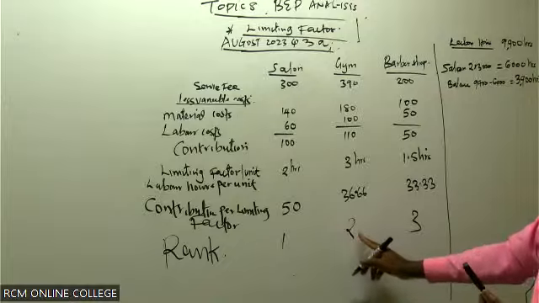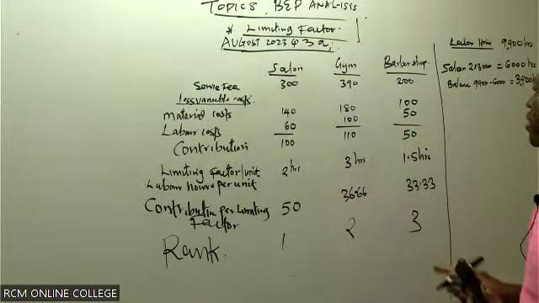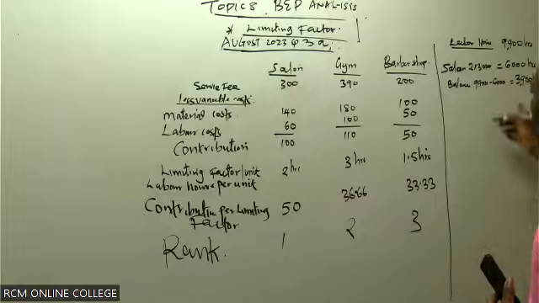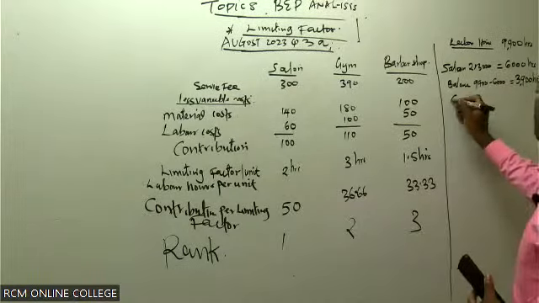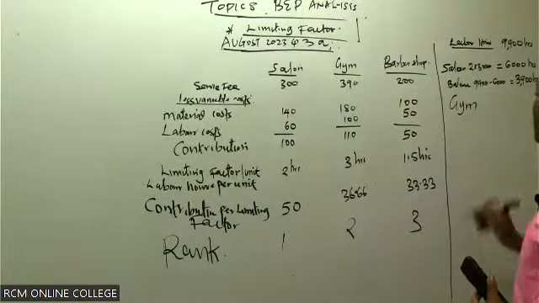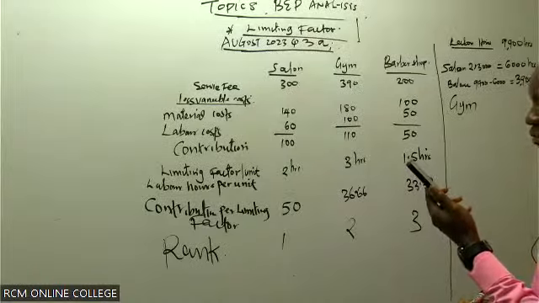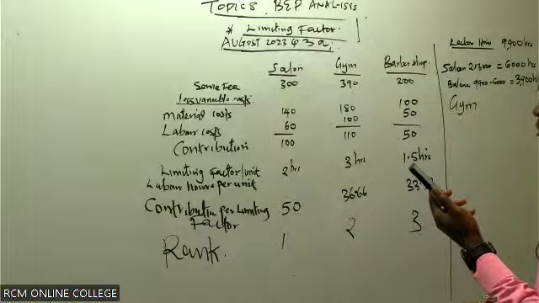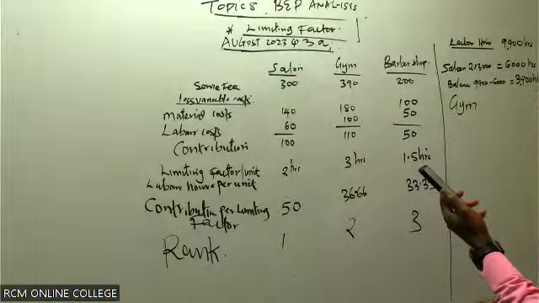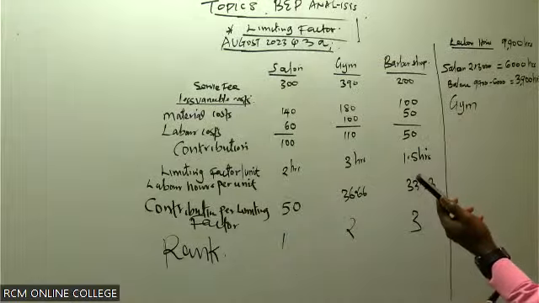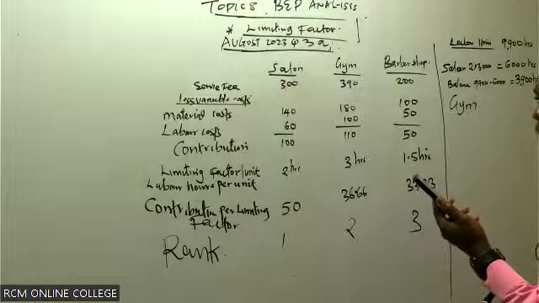Number 2 ni gani? Gym. We have a balance of 3,900, but in the gym, you'll ask yourself, what is the maximum demand or number of clients in the gym? The maximum number of clients in the gym, as per the market, ni wangapi?